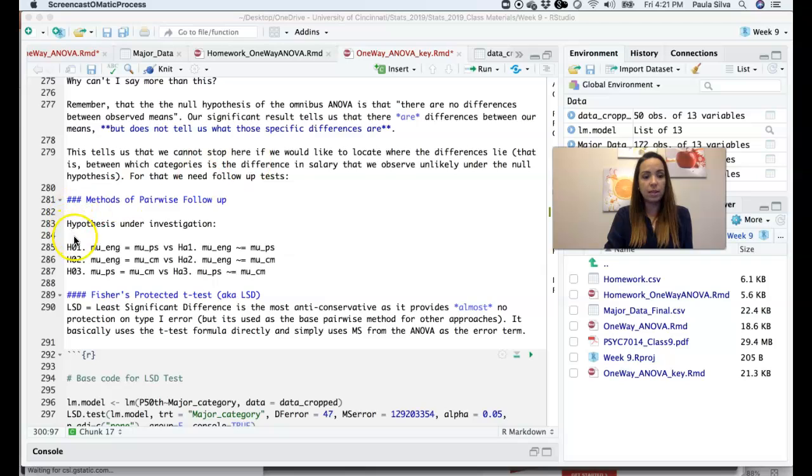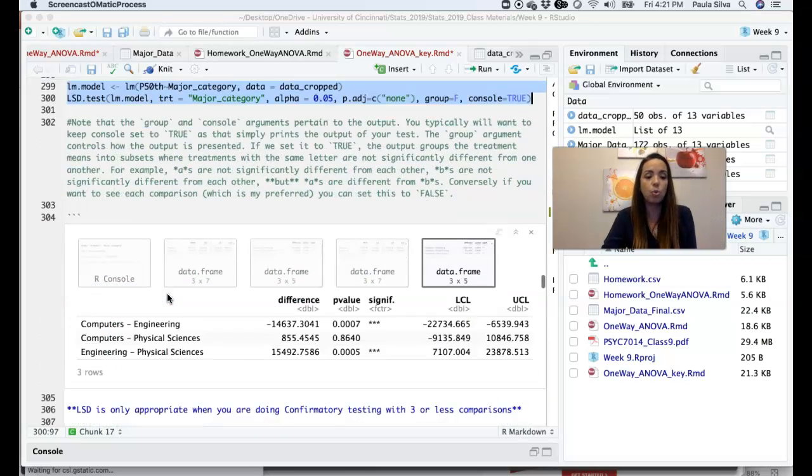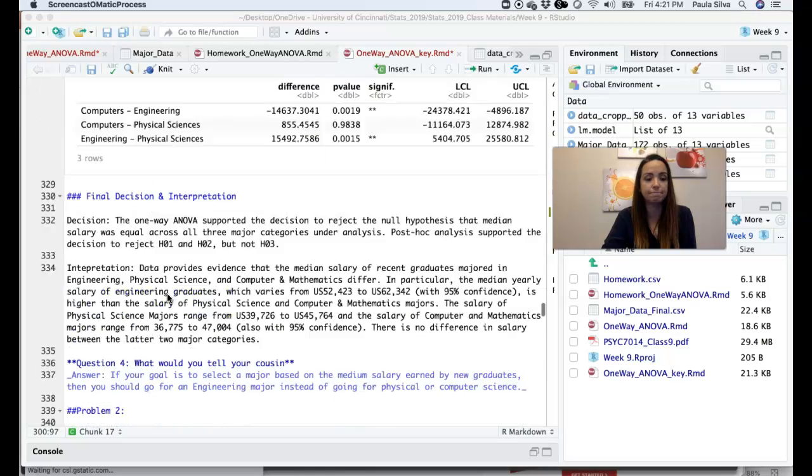H null 1, is that engineering is equal to physical science? False. We reject that. We reject that the median salary of engineering is equal to the median salary of computer and mathematics. Reject that. And we do not reject H null 3 because there was no difference between physical science and computer and mathematics. So we can go to interpretation.